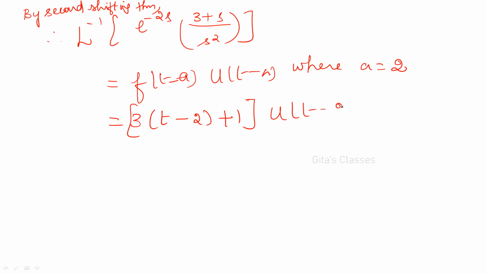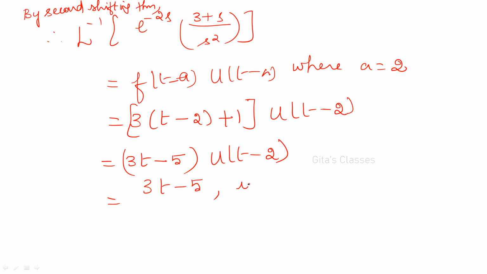This is the answer. Or you can write 3t minus 6 plus 1, so 3t minus 5 into u of t minus 2. Or if you want to expand it, 3t minus 5 if t is greater than or equal to 2 and 0 if t is less than 2.